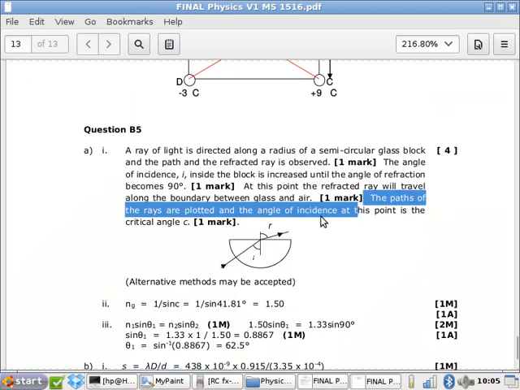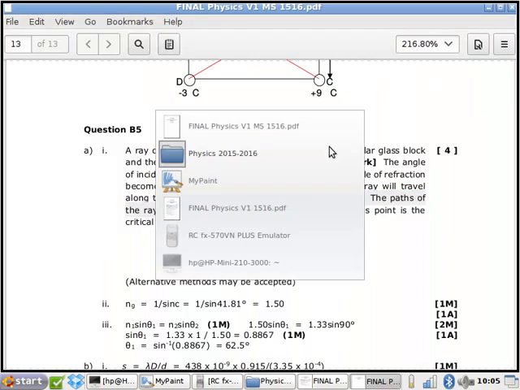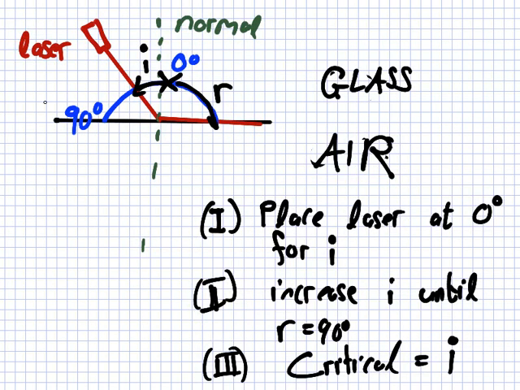The paths of the rays are plotted, and the angle at this point is the critical angle. So, the first mark was having a semicircle. In my picture, I didn't quite make it clear. I said the whole thing is glass, but I just need this part to be made of glass.